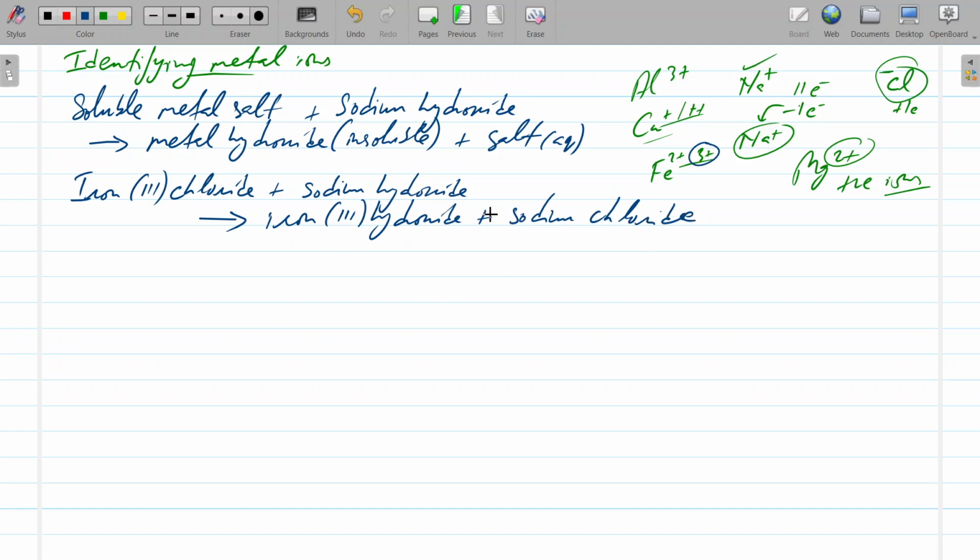And the iron 3 hydroxide, this guy is insoluble. And so what you would see is that it is precipitated.